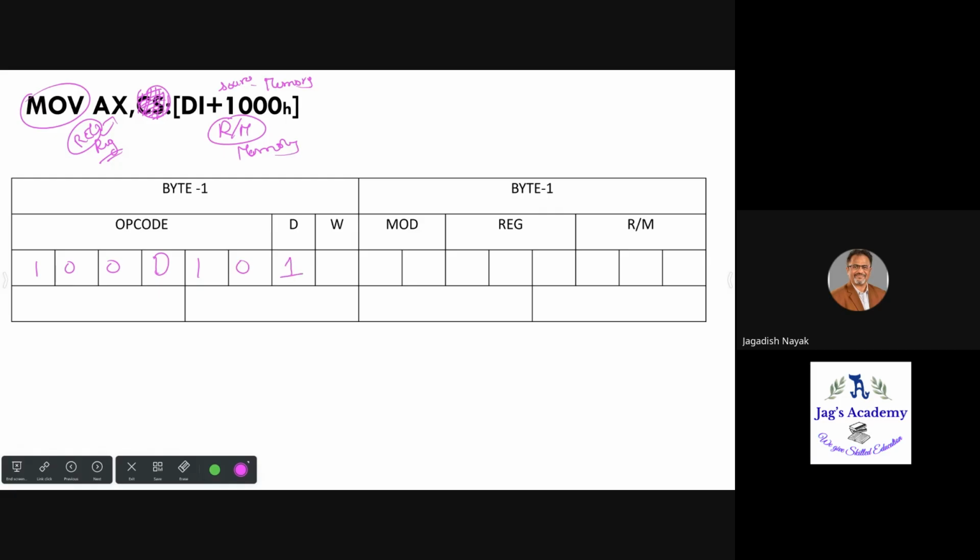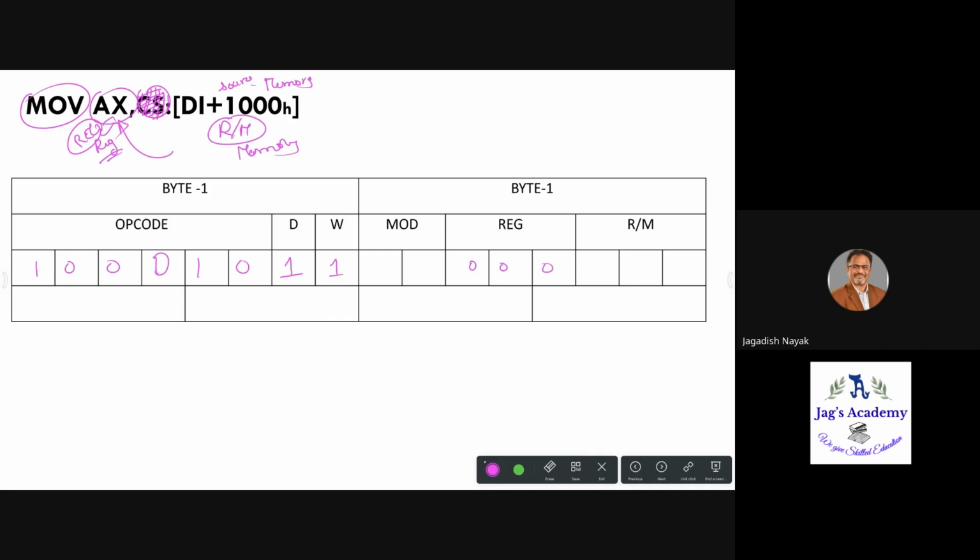Then what is the W bit? It is a 16-bit transfer or 8-bit transfer. It is a 16-bit transfer, so it is going to be 1. Now you know data is going to the AX register, right? Which register is that? AX register. Can you immediately fill REG? It is definitely 000 for the AX register. Always keep this table in front of you. It will be given in the exam. Don't worry about it.